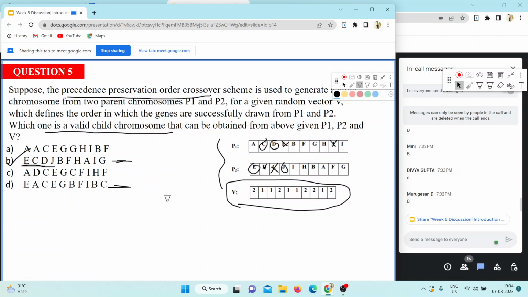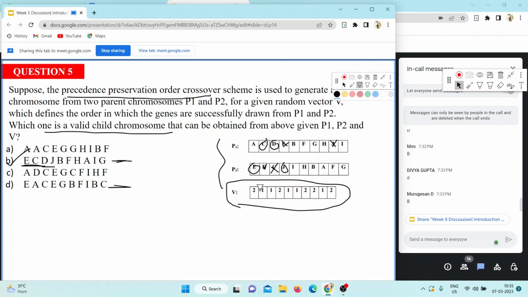Okay, so is this clear? Again, I am repeating. We have to follow the instruction of the mask. Our mask is telling us for the first bit to select from 2, that is the second parent. From the second parent we have selected E, and the other E we have just cut.